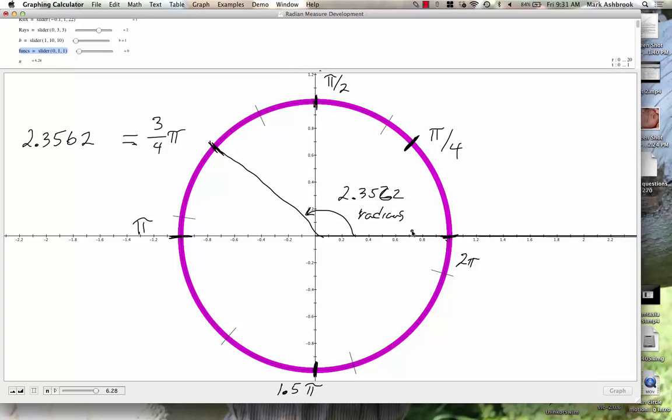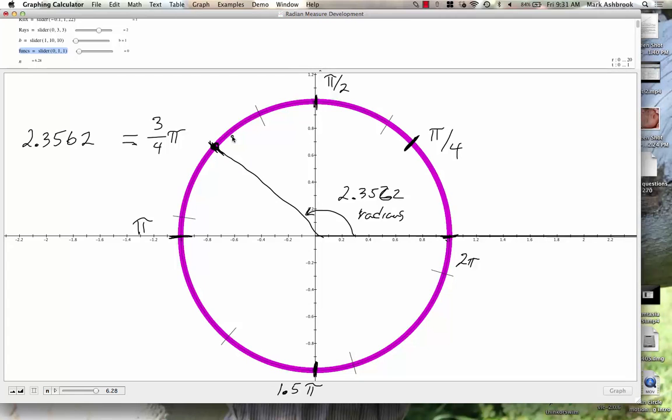That's not what it is. It's a number. It's the number of radius lengths, giving us the amount of openness in radians. Because here was 1 radius length. Here was 2 radius lengths. So 2.3562 radius lengths takes us to this nice symmetric halfway spot in what we call quadrant 2.